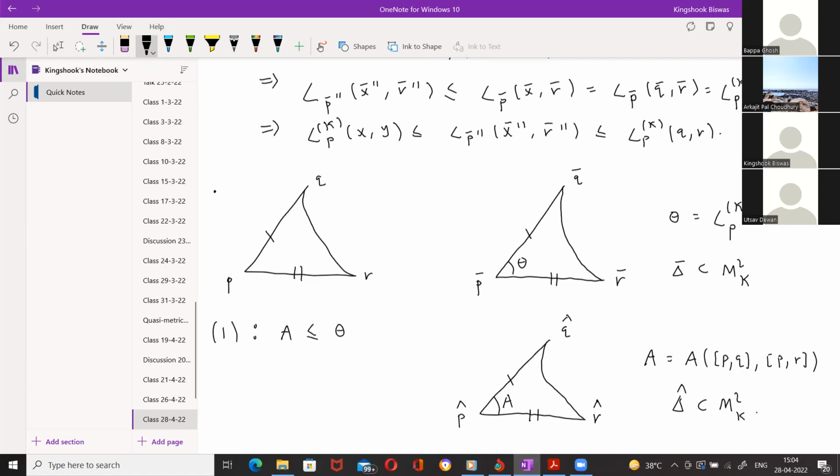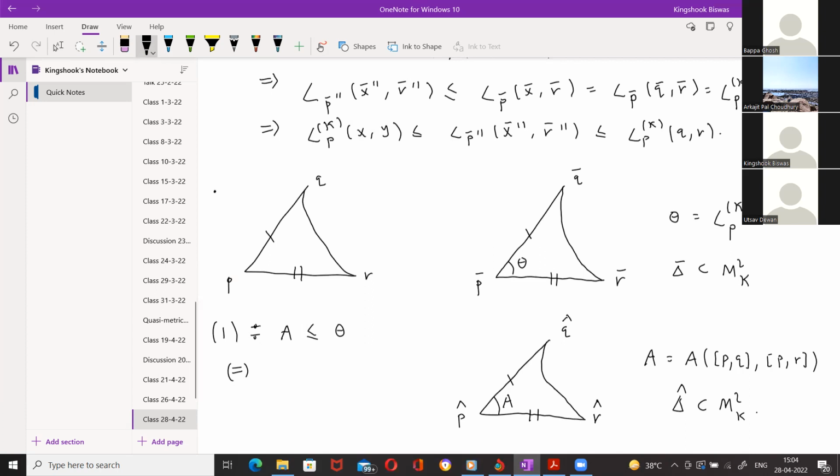Now this is equivalent to, so let me just write, 1 is equal to this statement, and this is equivalent to, so these are again two triangles which have the same sides at this corresponding vertex, P bar and P hat, right? This side is equal to this side, and this side is equal to this side. So therefore, this angle A is less than or equal to theta, if and only if the opposite side is less than or equal to the opposite side.